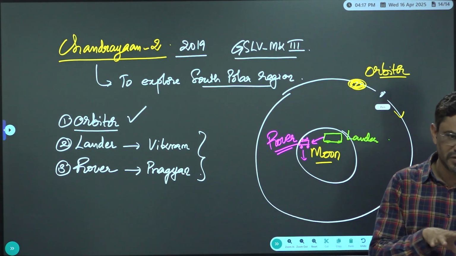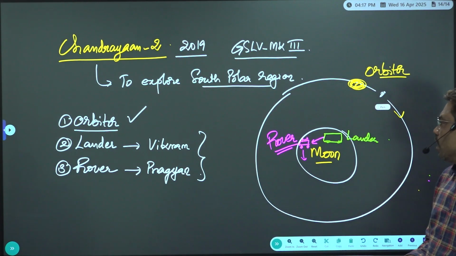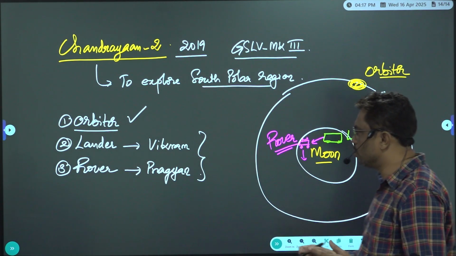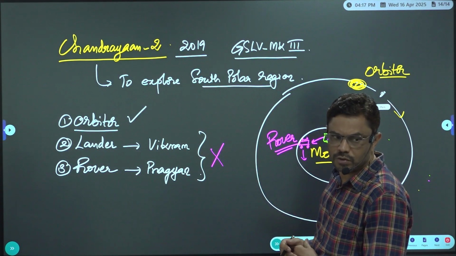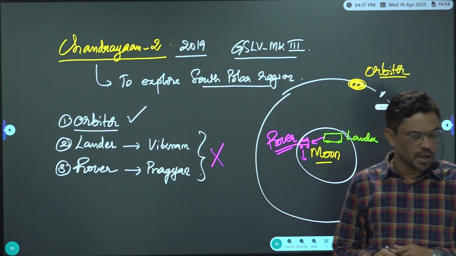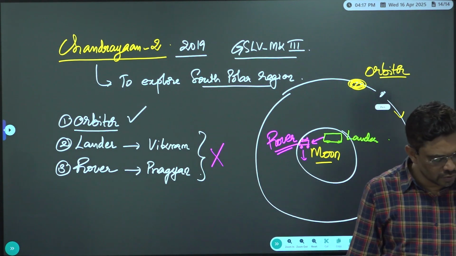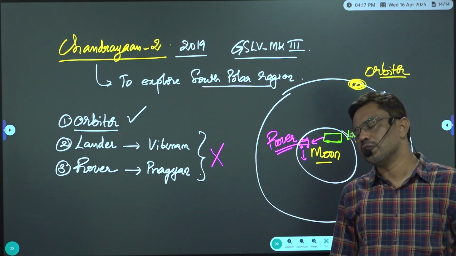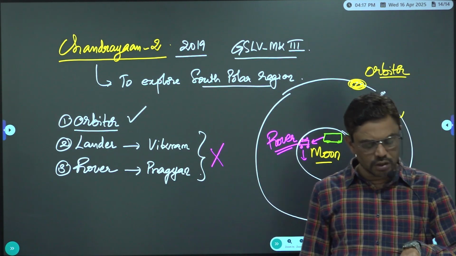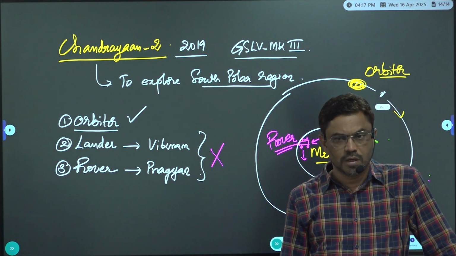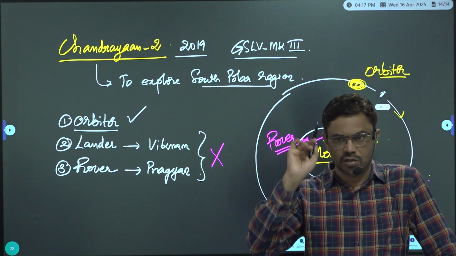But unfortunately, due to some technical issues, the lander and rover modules were not successful. They lost contact with the Earth station and crash landed on the moon. So only the orbiter module was successful. Just remember that.